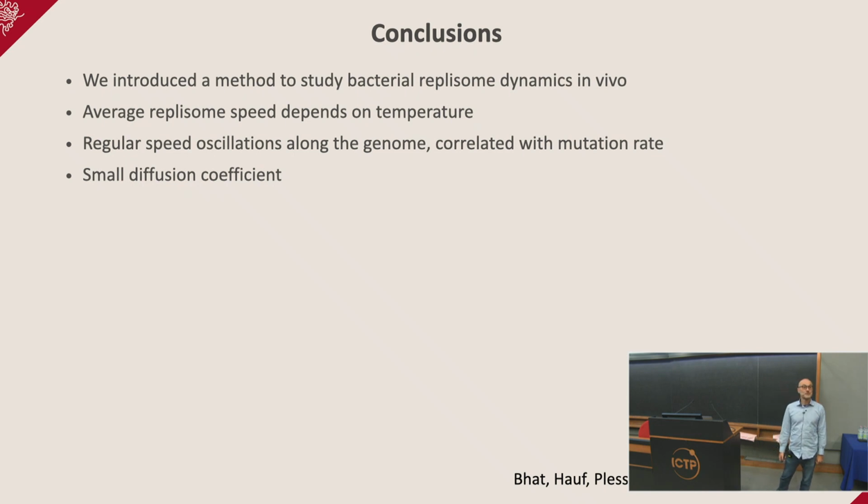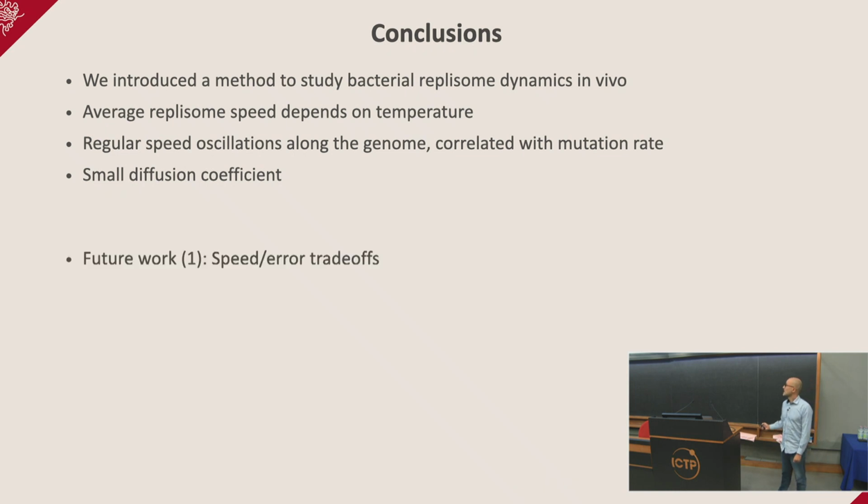And the diffusion coefficient of this machine seems to be quite small. There are lots of things we want to do in the future. One is use this observation to say something about the speed-error trade-offs for replisomes. There are other things we want to explore about the biology of replisomes.